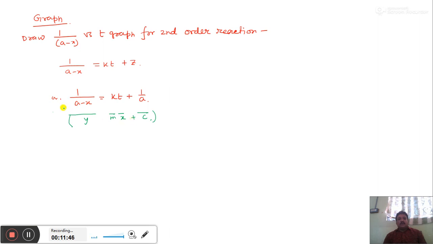Now what is y? y is 1 by (a minus x), and what is x? x is t. If we plot a graph between 1 by (a minus x) versus t, then we get a straight line with a positive slope. Now the slope m is k, a positive slope, with intercept value 1 by a. This is the graph between 1 by (a minus x) versus t.